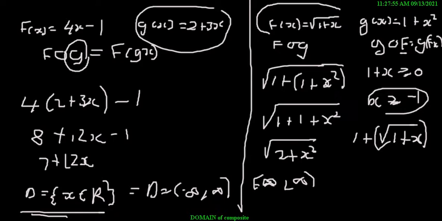The square will cancel out the root, which is going to be 1 plus 1 plus x. We've got 2 plus x. So we've got no problem after we simplify.